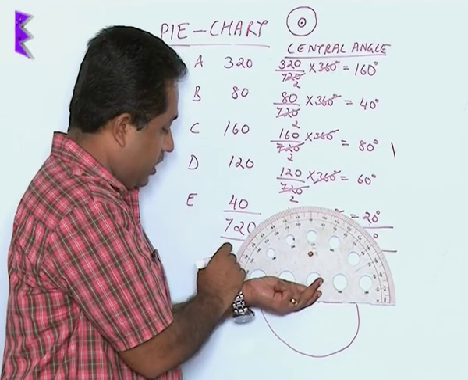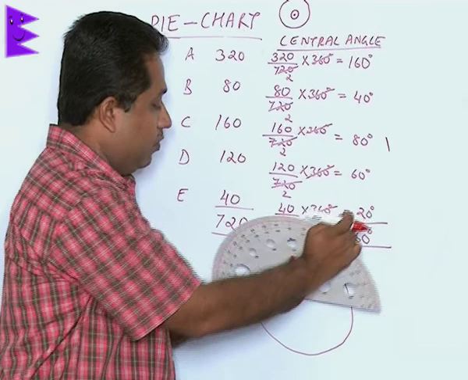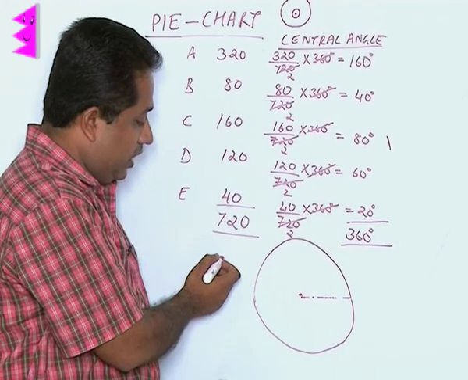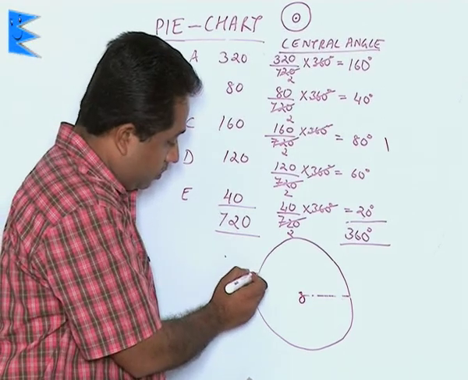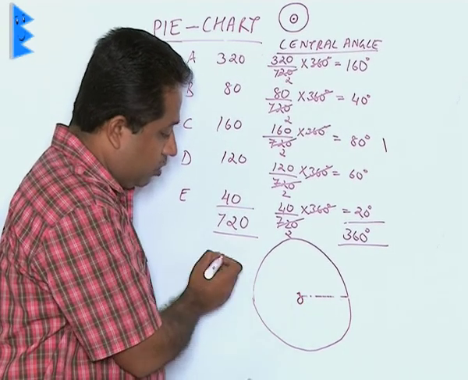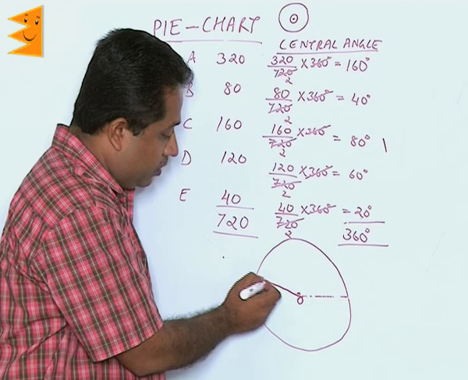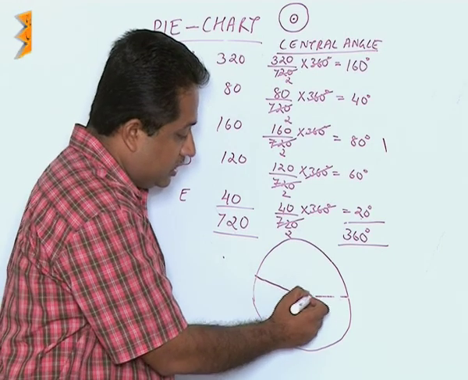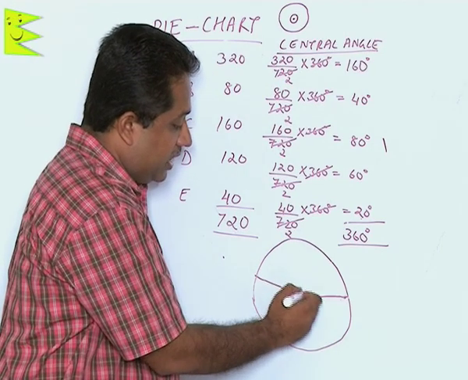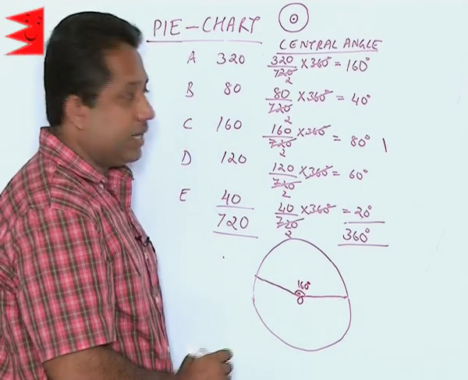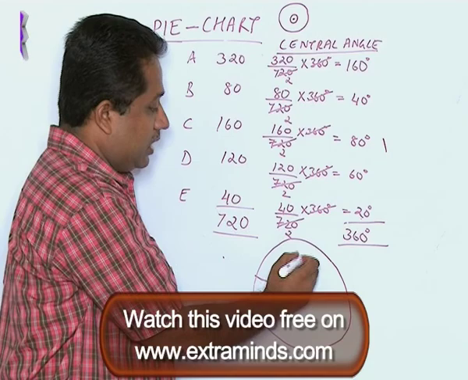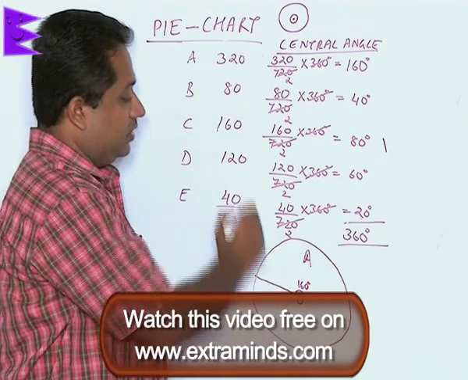So, we will put a point there and remove the protractor, and this point will be joined to the center O. If I join this, it will go outside the circle, but I need to join only from here to here. So, this angle is 160 degrees, measured with the help of the protractor. This becomes our A. This is the region for A.